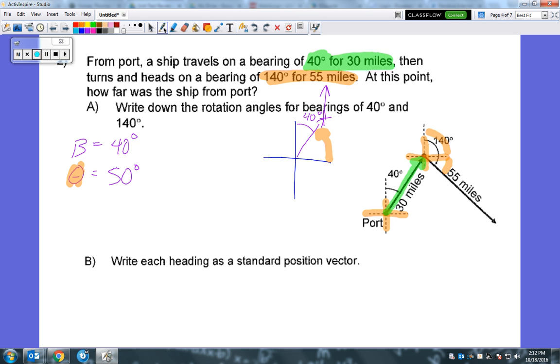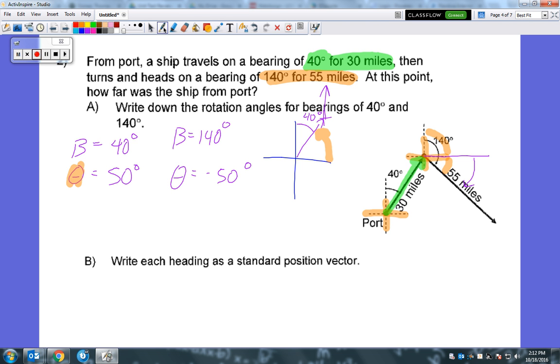The next bearing was 140 degrees. What would that rotational angle be? Negative 30 degrees. Not negative 30, but negative 50 degrees, because that is from this 3 o'clock, this is negative 50 degrees.